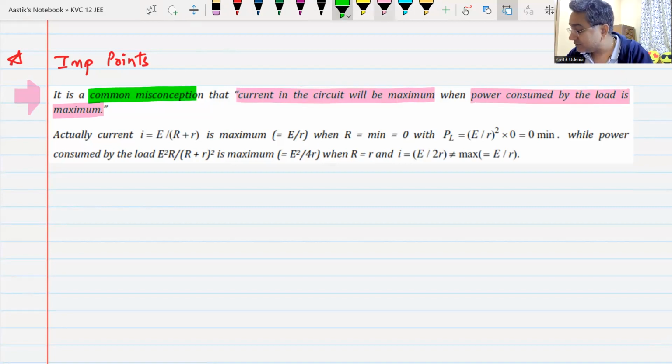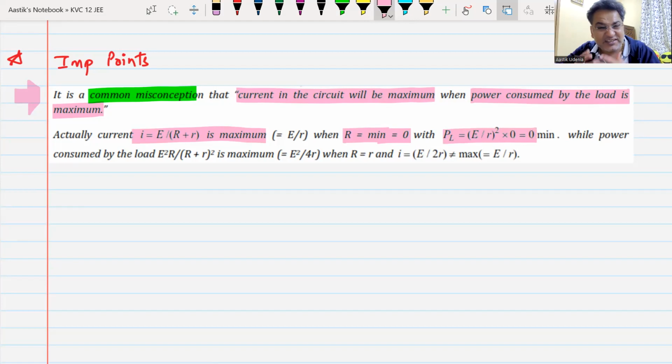Current is maximum when R is minimum or zero. And then the power through the load, since there is no resistance, is zero. But power is maximum, which is E square by 4R, when the value of external resistance is R.